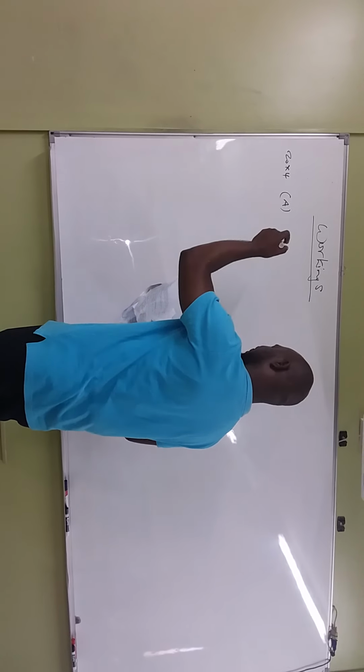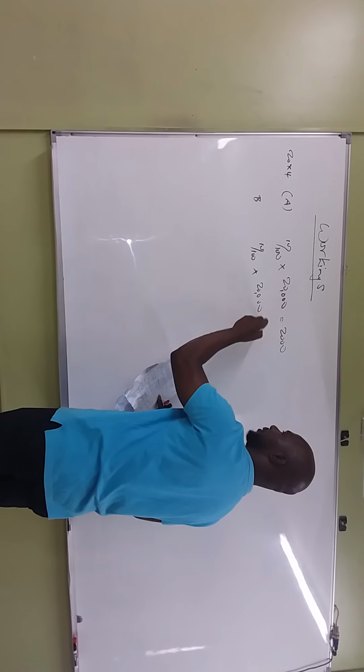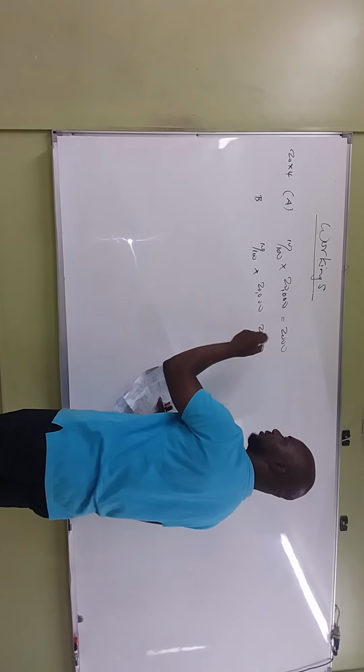So for asset A, it's 10 over 100 times 20,000, and for asset B, the same: 10 over 100 times 20,000. The depreciation charge would have been 2,000 each, so the total depreciation charge for both assets would have been 4,000 for the year 2004.